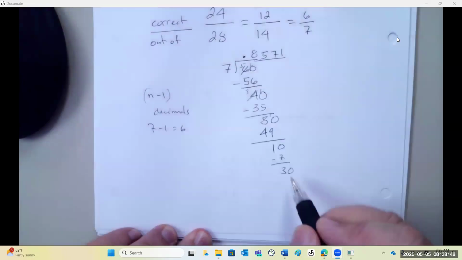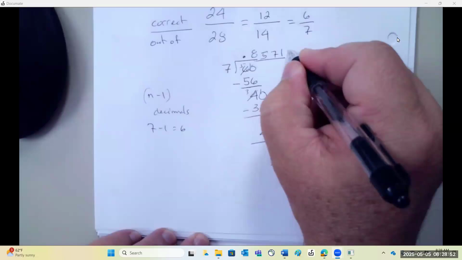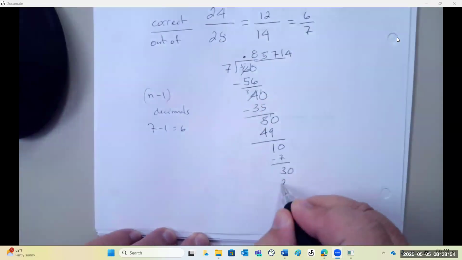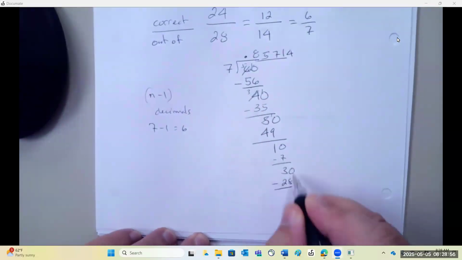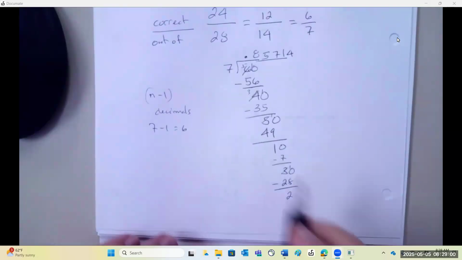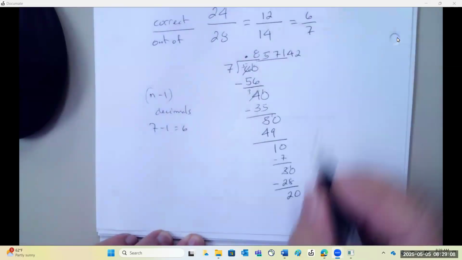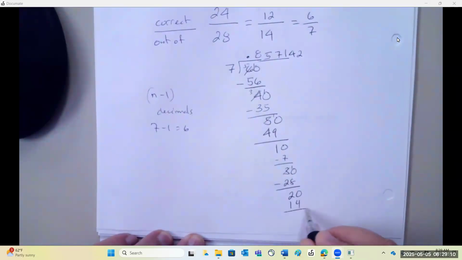So 7 goes into 30 4 times. That's 28. Seven goes into 20. That makes it 14.